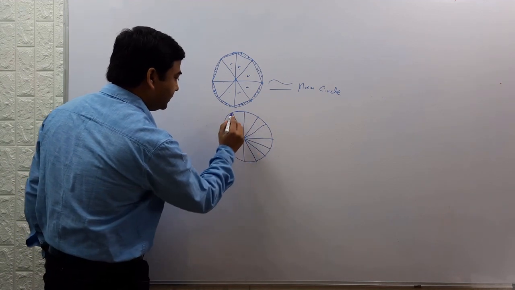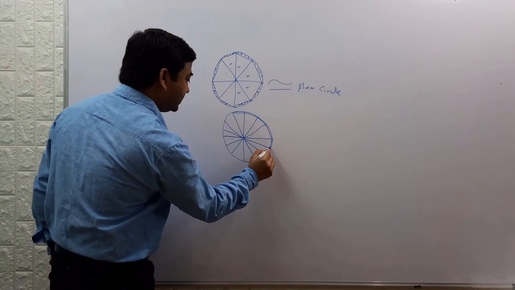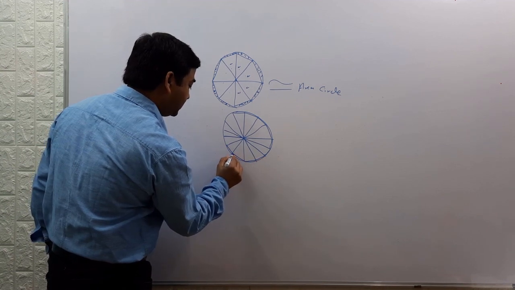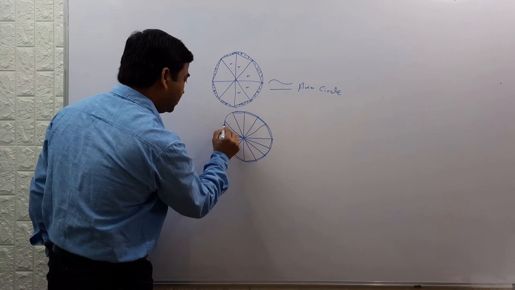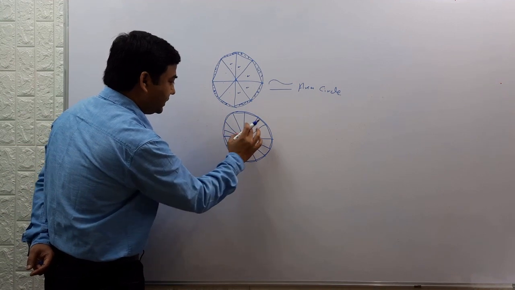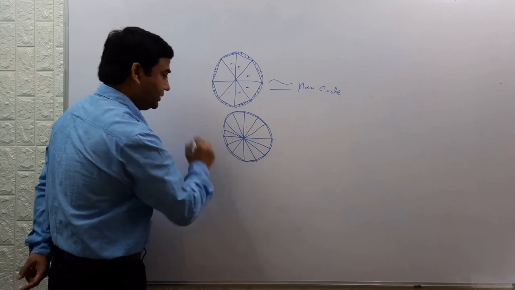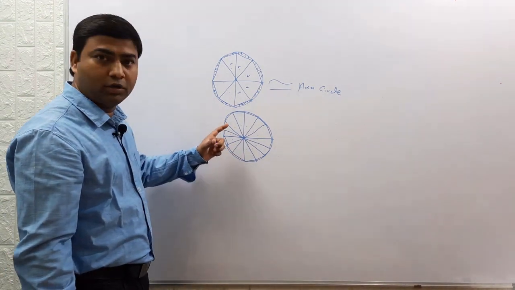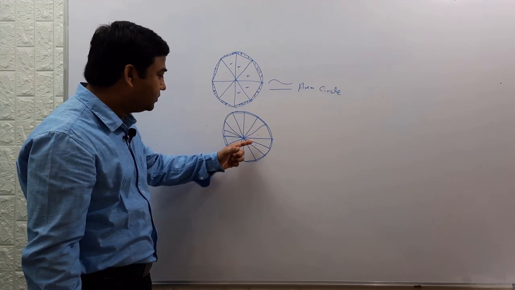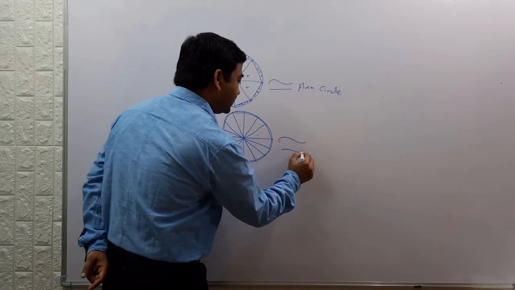Suppose we have increased the number of triangles, so the shape is more and more closer to the circle. Now you see 1, 2, 3, 4, 5, 6, 7, 8, 9, 10, 11, 12, 13, 14. We have made 14 small triangles. And when we sum up the areas of all these triangles, we will get a more accurate area of the circle.